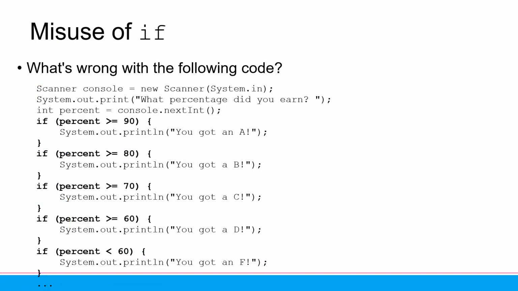When you want to check a grade of the student, let's say if the score is greater than 90, you will get A. And then if your score is greater than 80, you will get B. If your score is greater than 70 until 80, you will get C. If your score is greater than 60 until 70, you will get D. Now, why is it misuse?